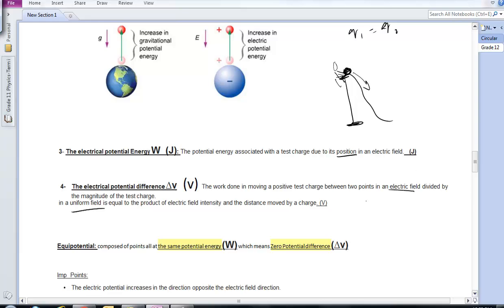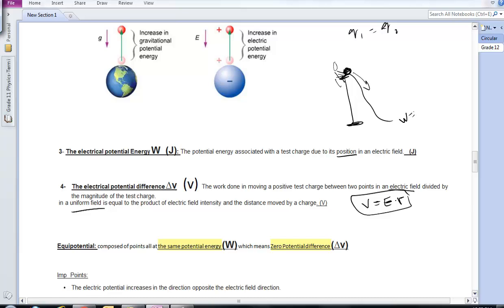That's why V is equal to E times R. So this is how we can calculate the V. This is the electric potential difference, and this is the electric potential energy.